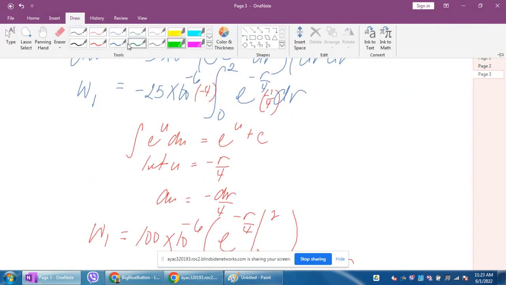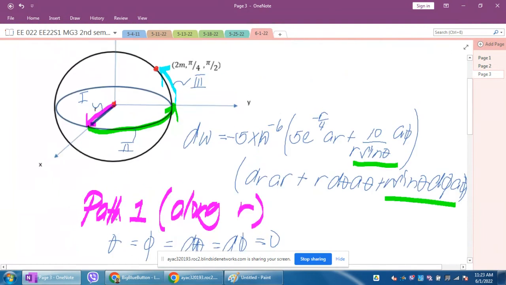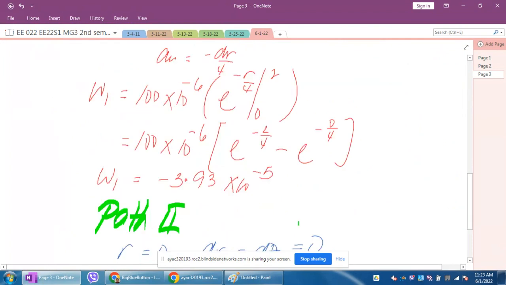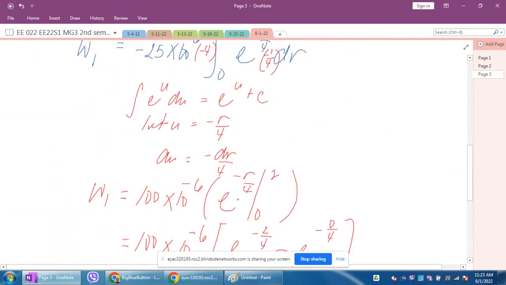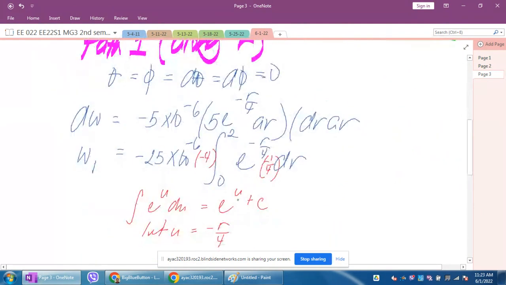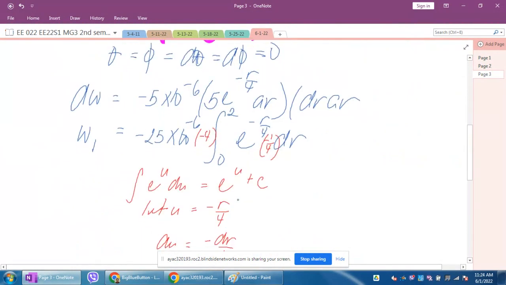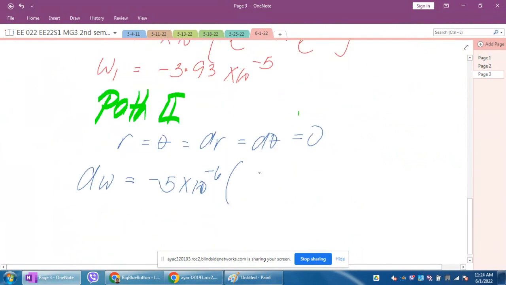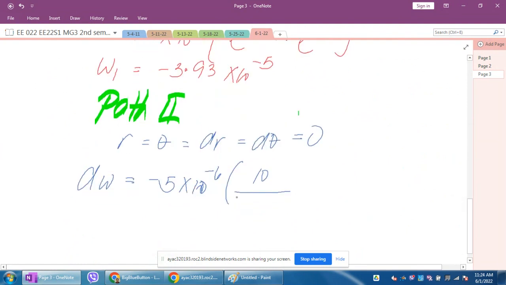We have dw is equal to negative 5 times 10 raised to negative 6, tapos 10 over r sine theta.